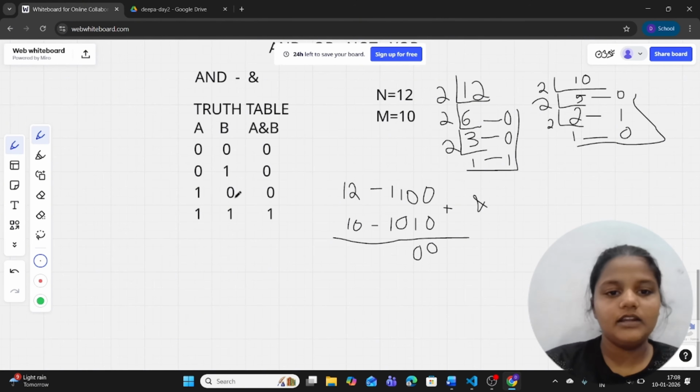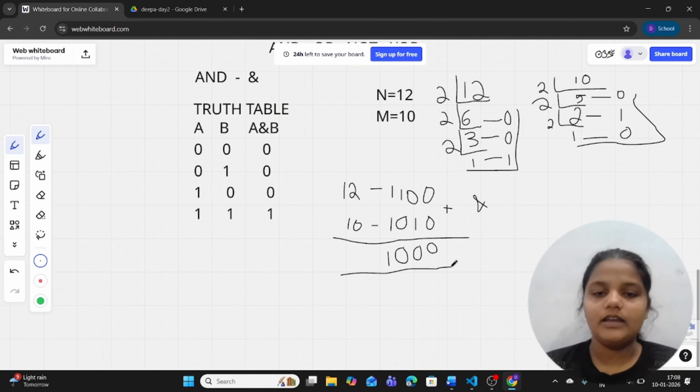Then again 1 and 0, we got 0. Then 1 and 1 we got 1, right? Our final value is 1000. Okay, so now we have got our answer in binary value. So how are we going to convert this into decimal value?